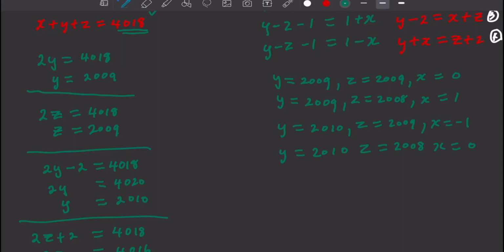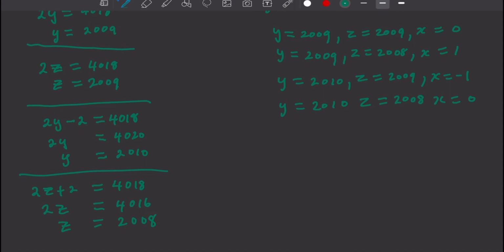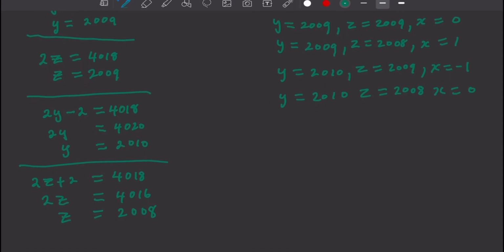So what I'm going to do is compute one of our values.